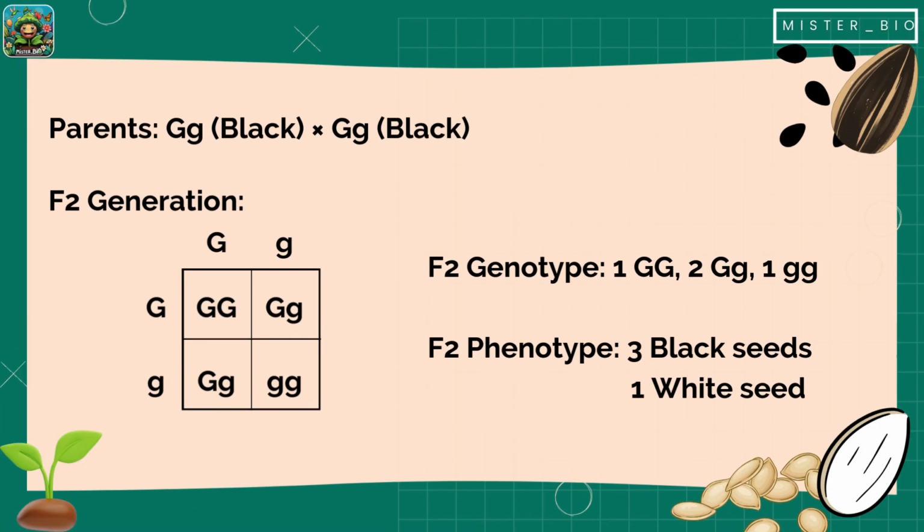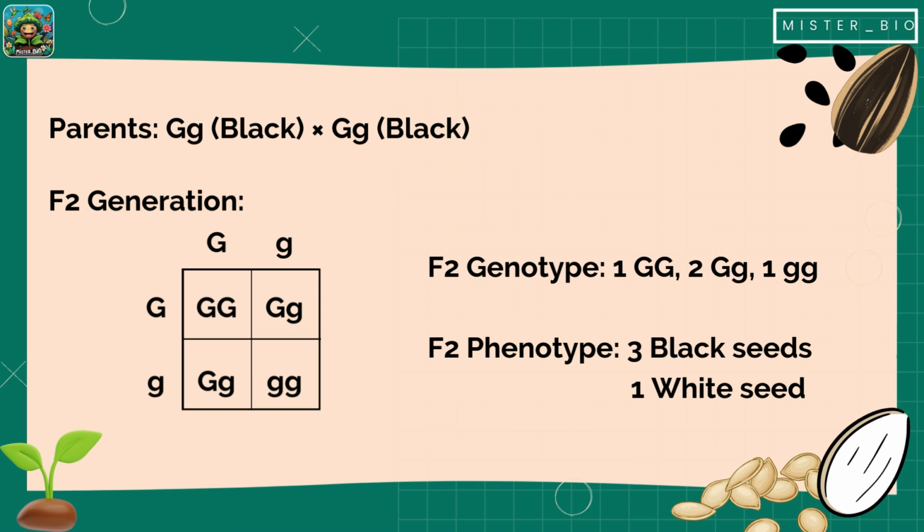Now, if we do the self cross of the F1 offspring, we will cross the heterozygous with another heterozygous. So we will be able to get the F2 generation or the second filial generation, such as one homozygous dominant and two heterozygous dominant and one homozygous recessive, which are actually the F2 genotype.